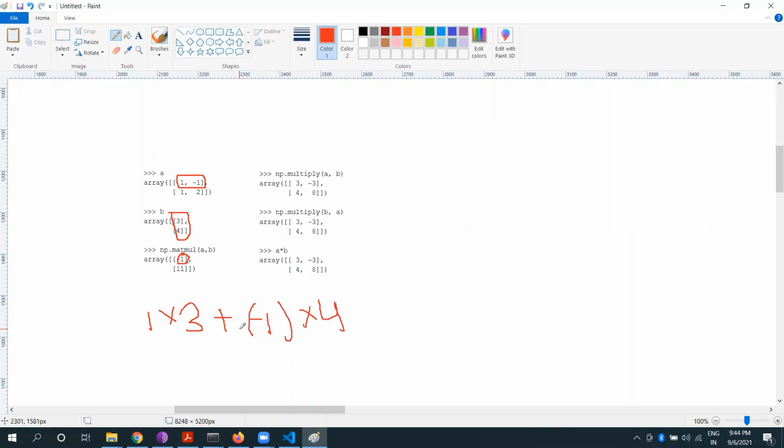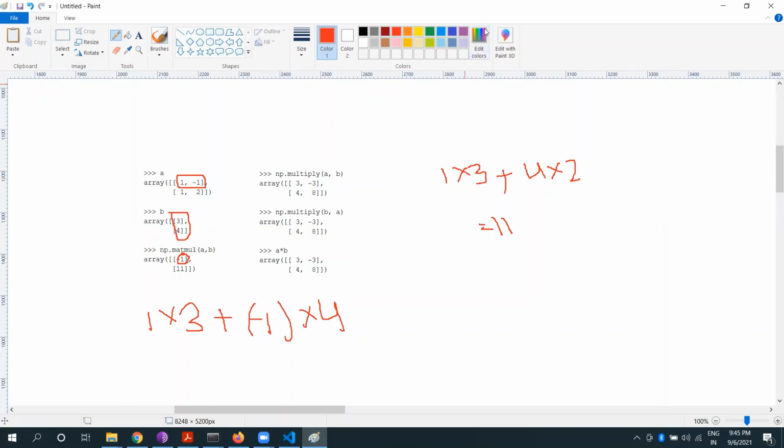So that is minus 4 plus 3, minus 1, right? This is -1. And if we want to do the second element, I'd say 1 times 3 plus 8, 4 times 2. You got it right, 11. So this is the simple matrix multiplication we generally do.